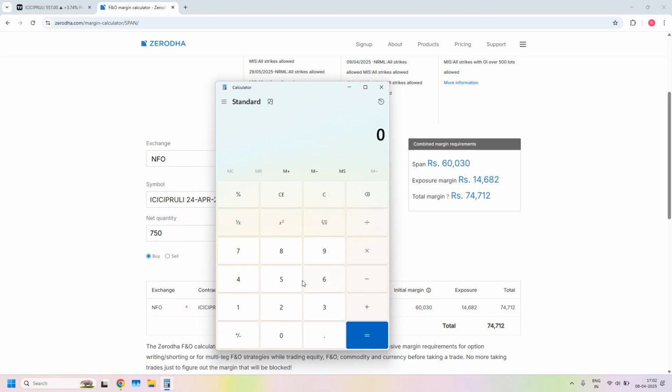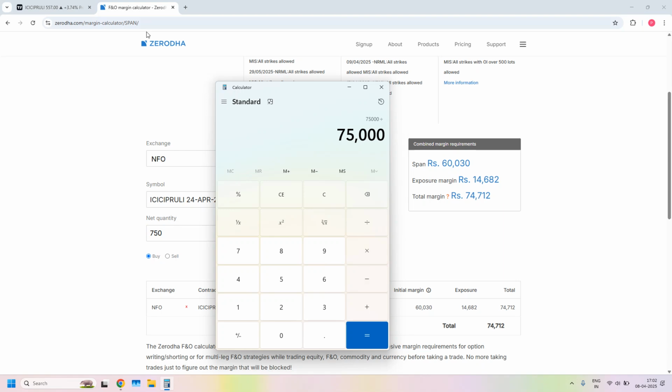So 1 into 750, so 750 rupees is your stop loss. But here see the margin cost is very less. That way your ROI might be more. Let us check. So into 100 divided by 74,712.